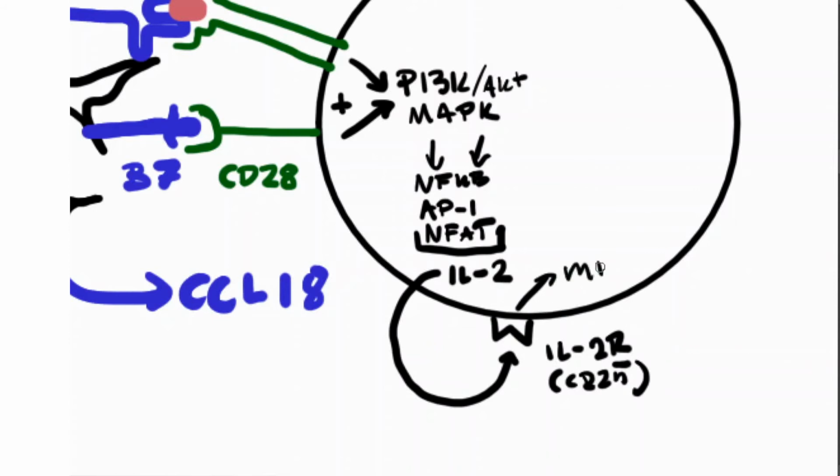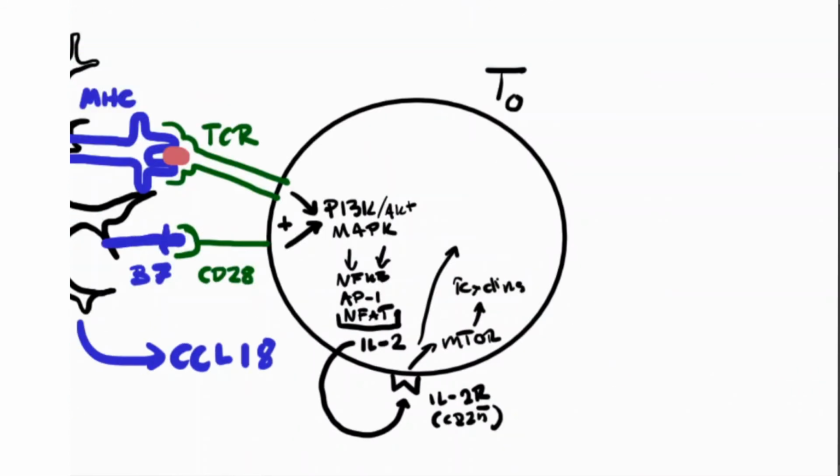one of them being activating the mTOR complex, which will lead to the upregulation of various different cyclins, which, when you have cyclins, it will increase the cell cycle, so the cells will go through the cell cycle quicker, and it will also lead to an upregulation of anti-apoptotic proteins such as BCL2 and BCLX.